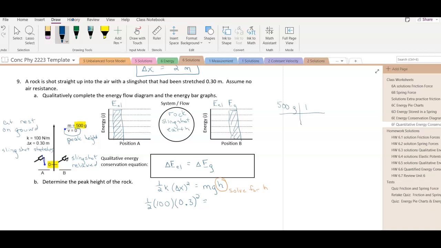So I know that 1 kilogram is 10 to the 3rd grams, and so that's going to be 0.5 kilograms. G is 9.8, and I'm solving for H. And so I get 0.918 meters.